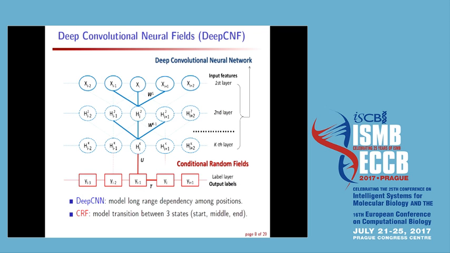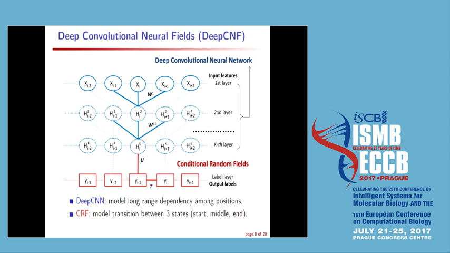We pipe all the features into our model, deep convolutional neural fields. This model is a combination of 2 models. One is a deep convolutional neural network, which is used to capture the long-range dependencies between different positions. On top of that is a conditional random field, which is used to model the transition between different labels, that is, the transition probability between those 3 labels.